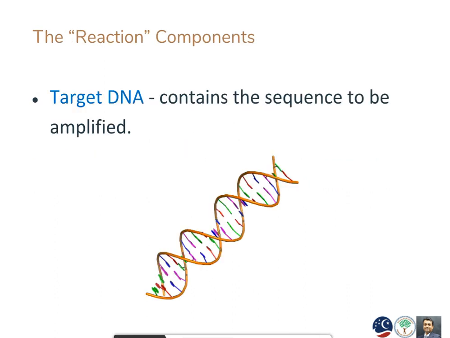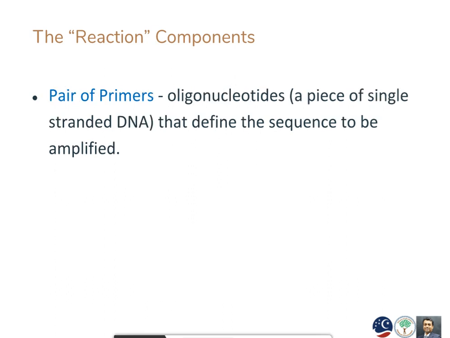So now we have polymerase chain reaction. Now what are the different requirements for this reaction? Number one is the target DNA, the DNA that we need to amplify. Second requirement is a pair of primers, forward primer and reverse primer. Primers are nothing but oligonucleotides, or pieces of single-stranded DNA.